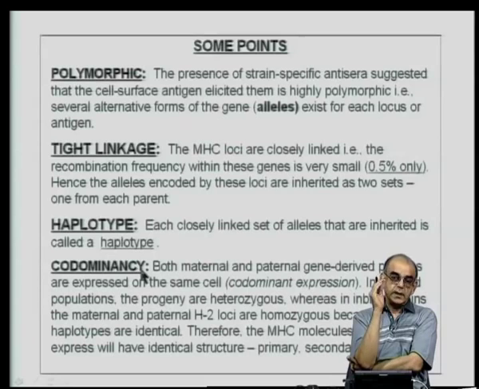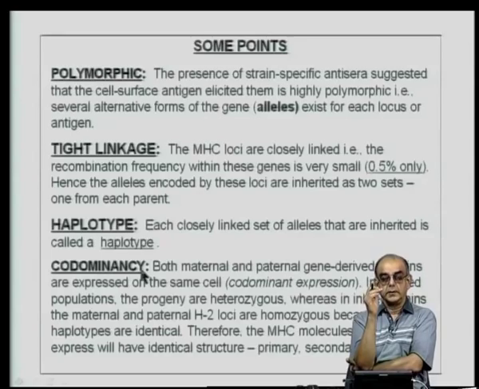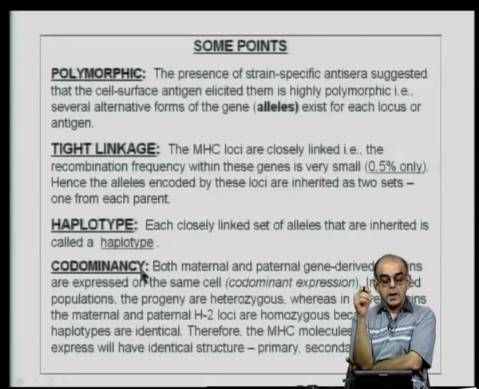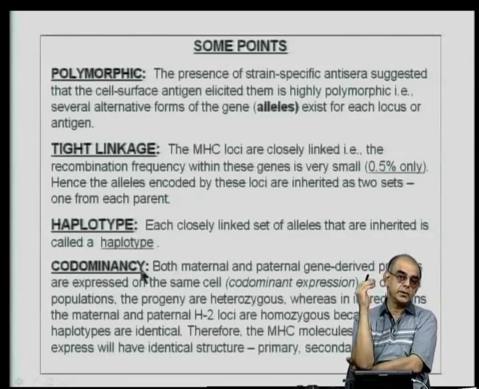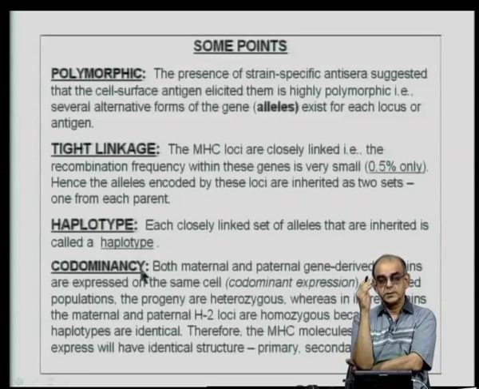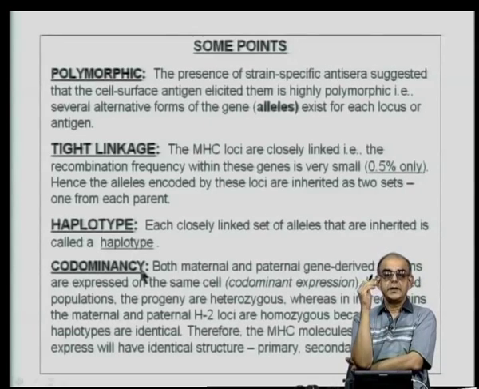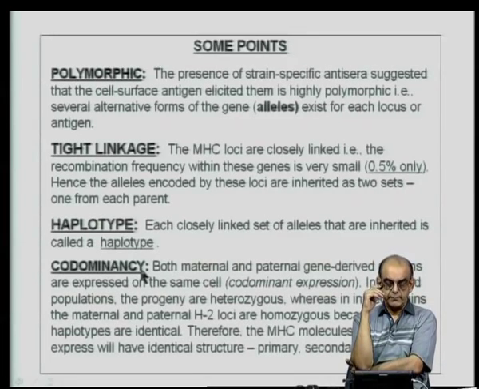So, even in the MHC, half of the molecules are derived from your father and half from the mother, and both of these MHC alleles, derived from the father and the mother, are expressed right from the very early embryonic stages, somewhat later than the 8 cell stage. However, the fetus is never rejected or subject to harmful immune reactions, by a variety of mechanisms, which is a field in itself.